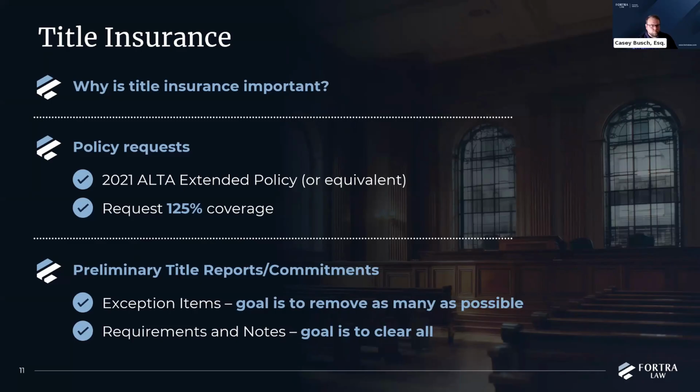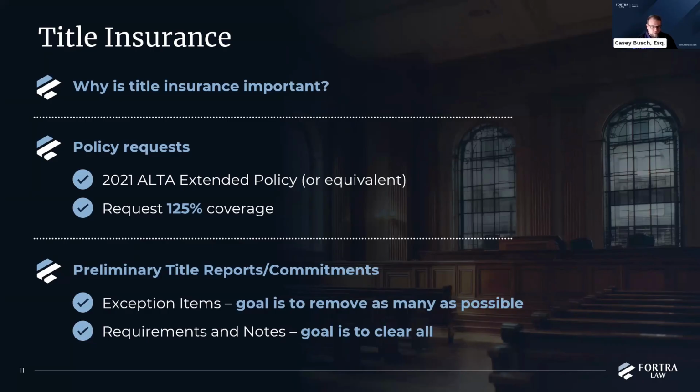So on a title policy, you are going to look at what type of policy you're going to get. The most common one now is a 2021 ALTA extended policy. It used to be a 2006 policy, but most of the title companies are now going with 2021.